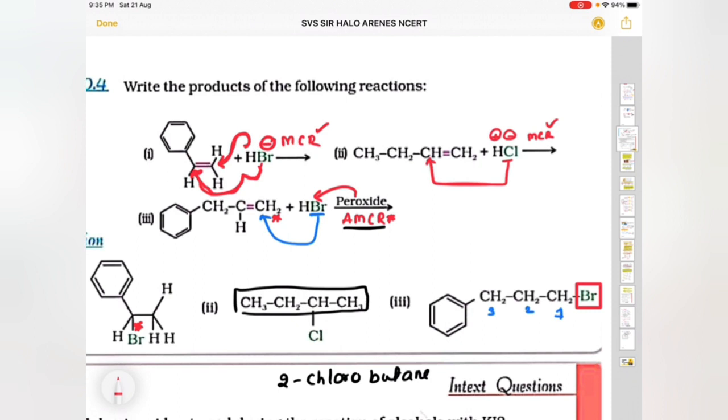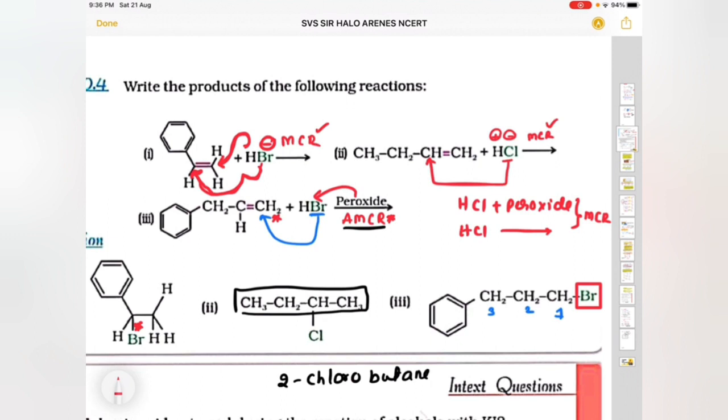Similarly, the second example you see, HCl is given. Always remember, whenever HCl is given, we should follow compulsory Markovnikov rule. HCl with peroxide or without peroxide, whenever HCl is given, we have to always follow Markovnikov rule.